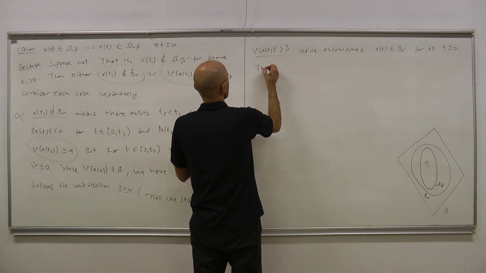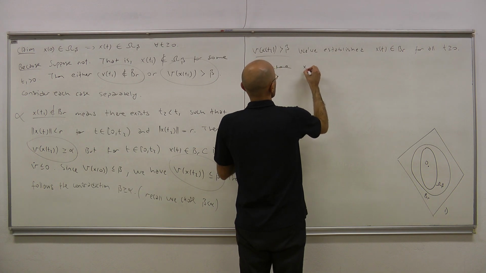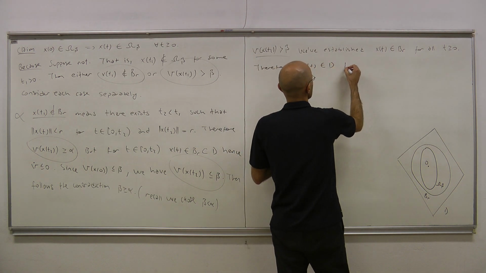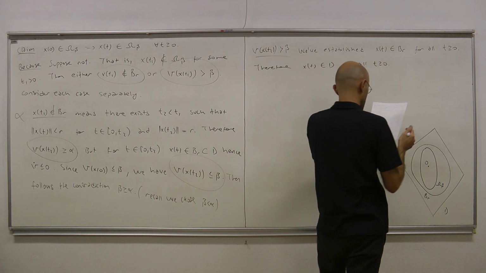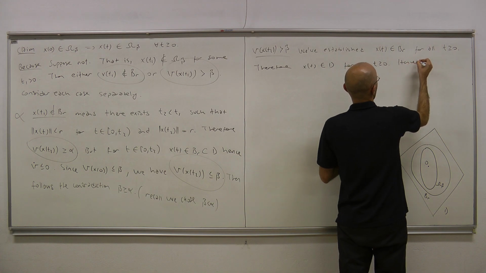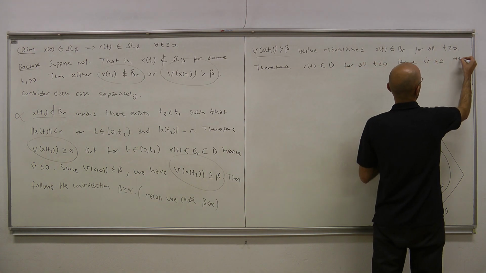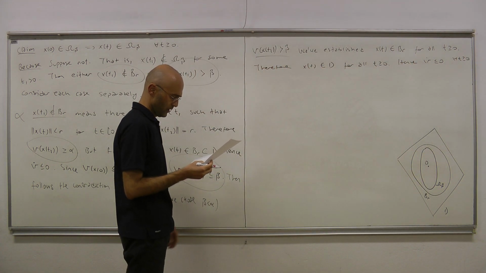Therefore x of t remains in D for all t. Hence, by condition 2, V dot is never positive for all t for that particular solution.